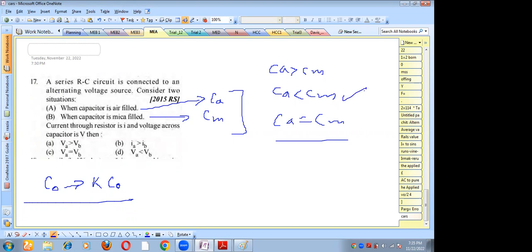Now we have to see the current and voltage across the capacitor. First we have to see voltage, then current.